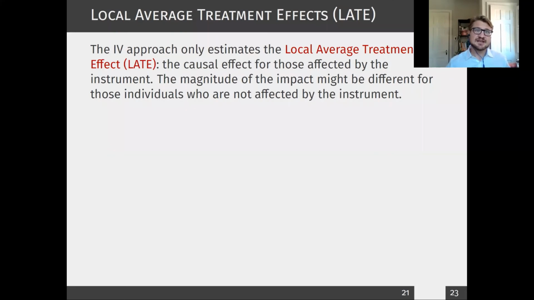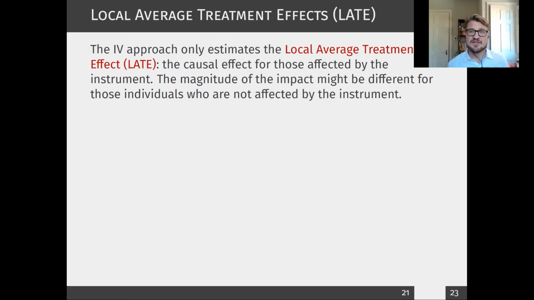Right, and so in addition to this challenge of finite sample bias and weak instruments I've just discussed, there's another shortcoming, which is not an inherent problem in specification but a problem in interpretation: with the two-stage least squares approach, the instrumental variable approach, we are not estimating the average treatment effect on everybody, on the whole sample.